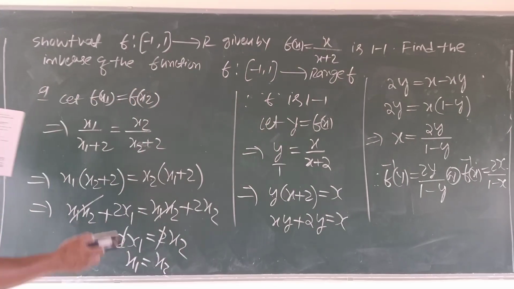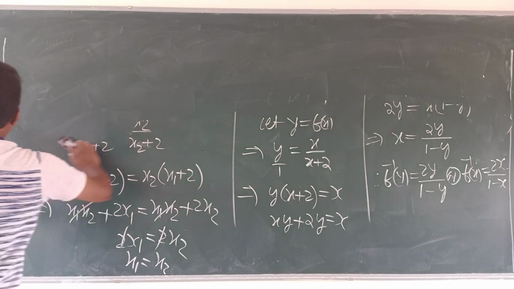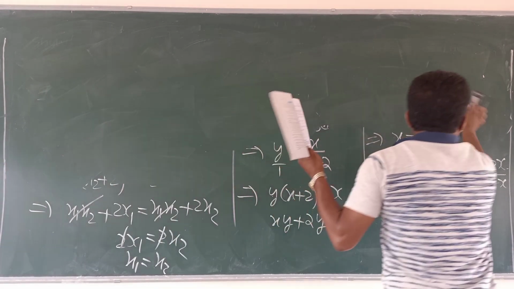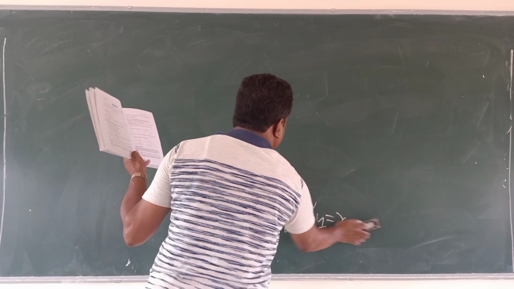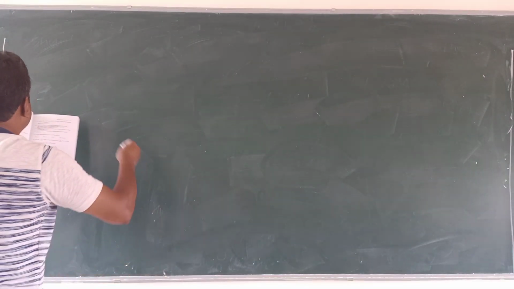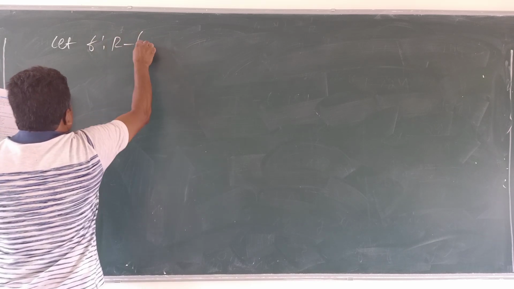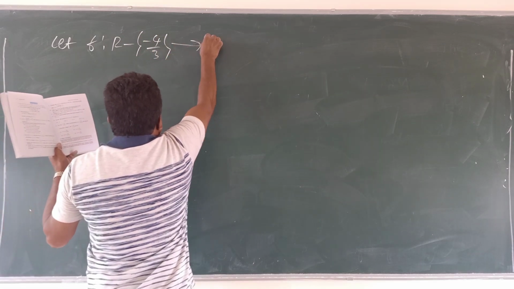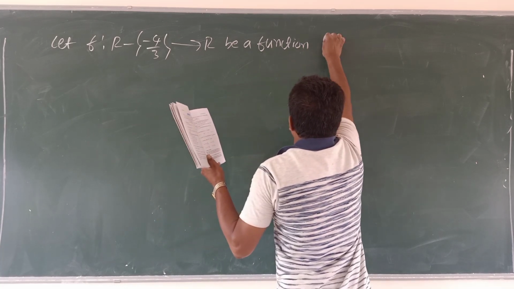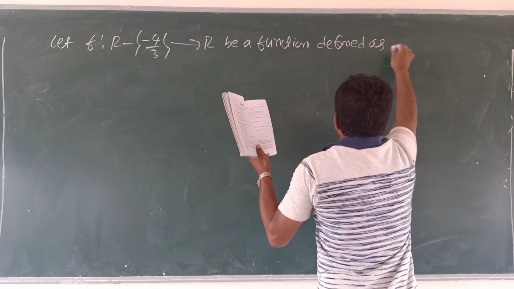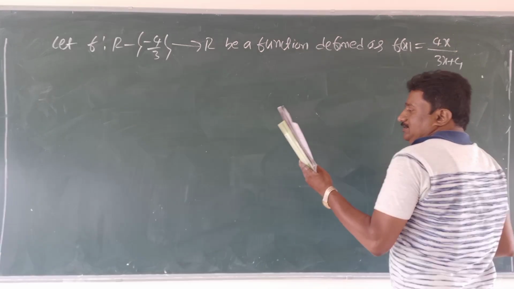Let f from R minus {-4/3} to R be a function defined as f(x) = 4x/(3x + 4).